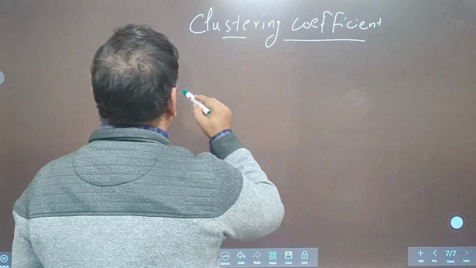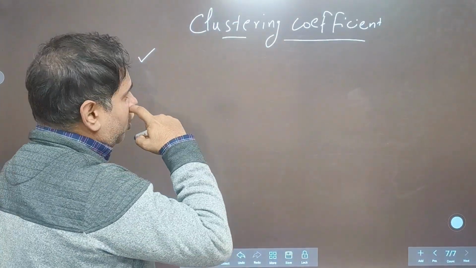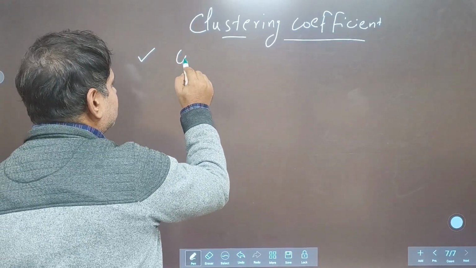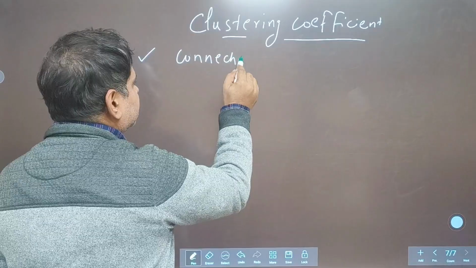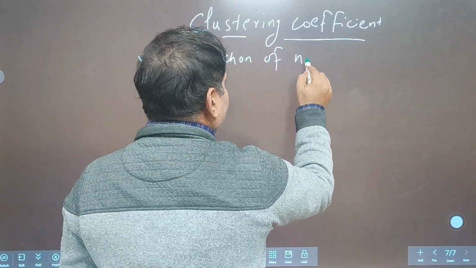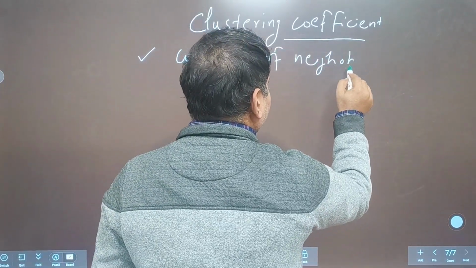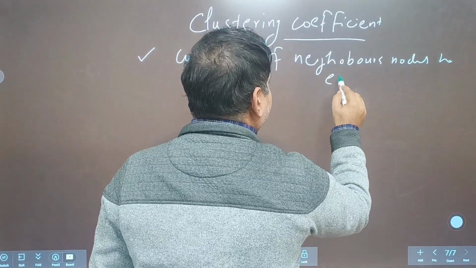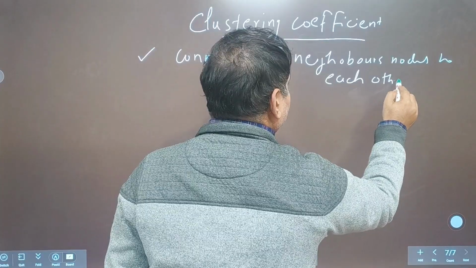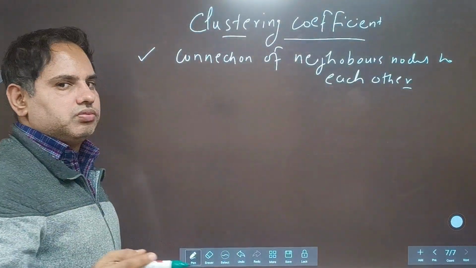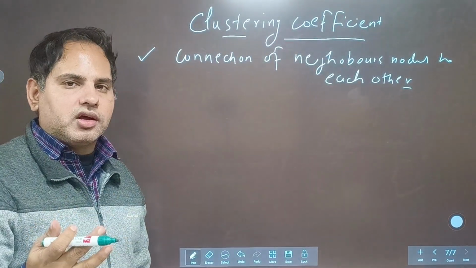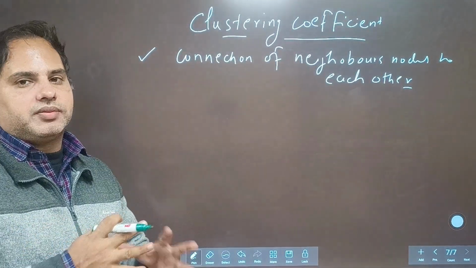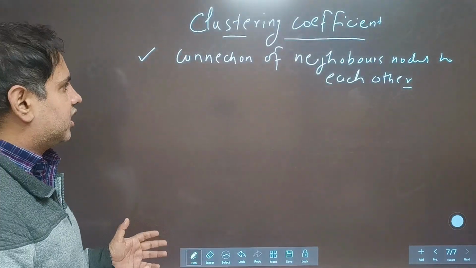It is a measure of the connections of neighbor nodes to each other. If you have a clustering coefficient close to 1, that means your graph is very dense, and if it's 0, that means it is not a dense graph.